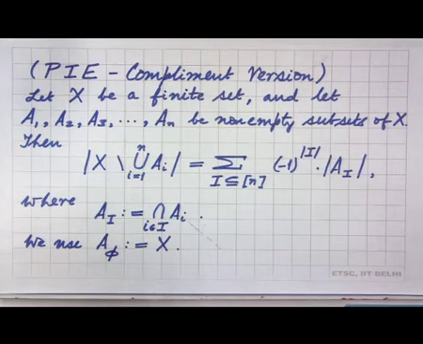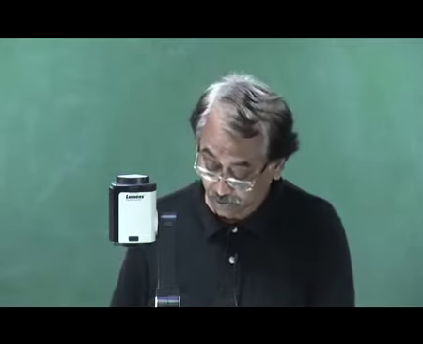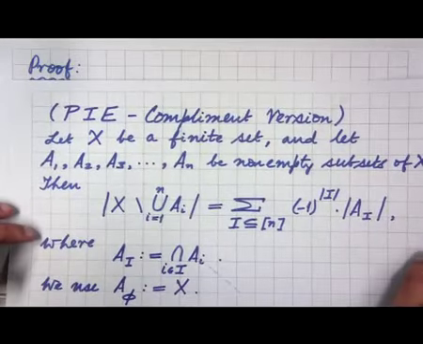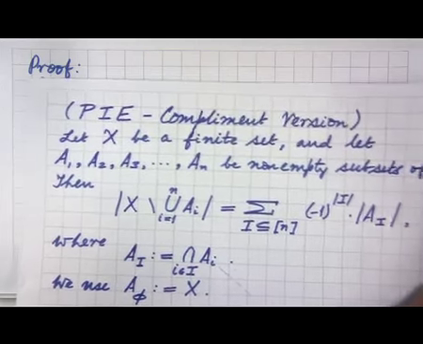Well, this is the complementary version of pi, and I'm going to spend some time trying to explain to you why this result is valid. So here is a proof of the complementary version of this particular principle, or the principle of inclusion and exclusion.